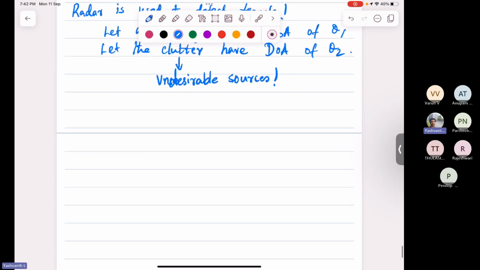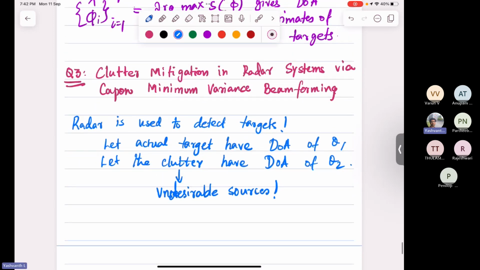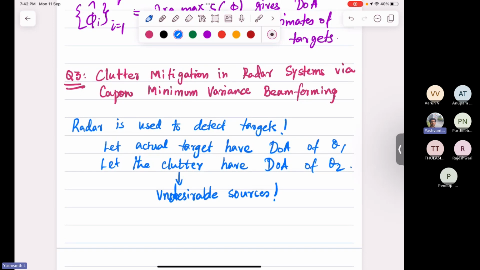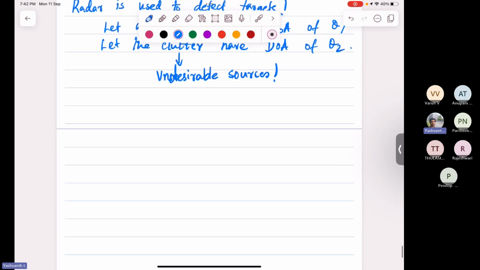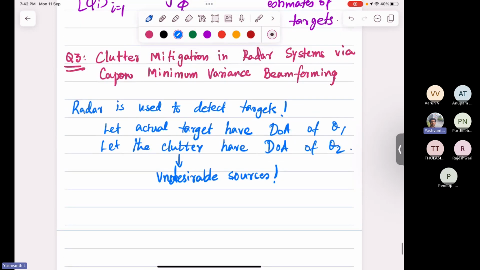So I want to illustrate how this problem is formulated and what the solution is. Let me draw the diagram. I will do some kind of beamforming.